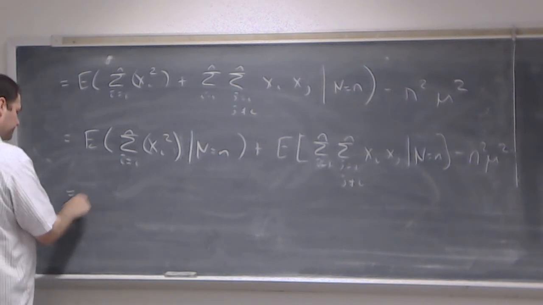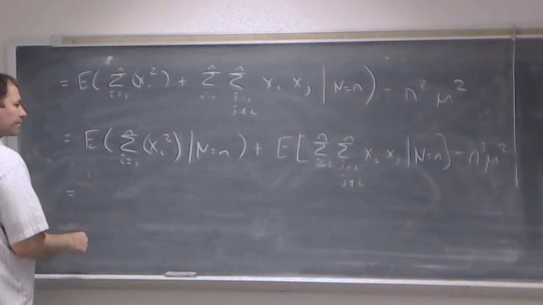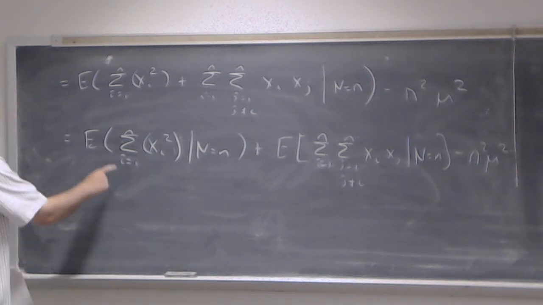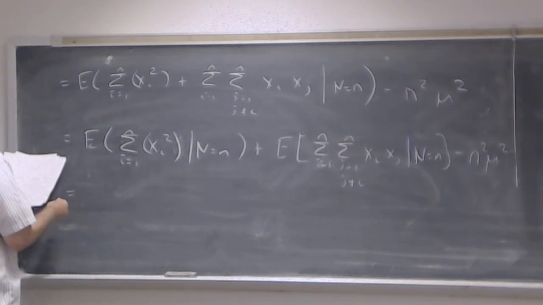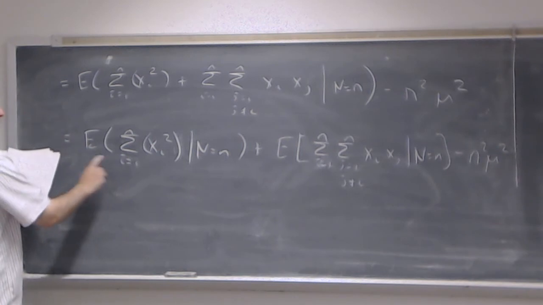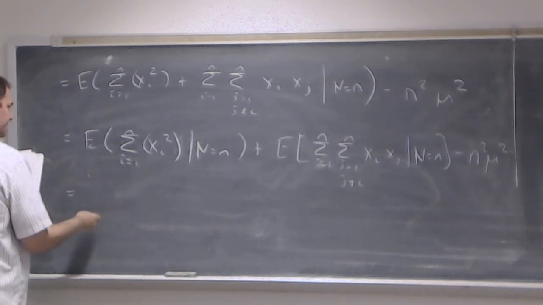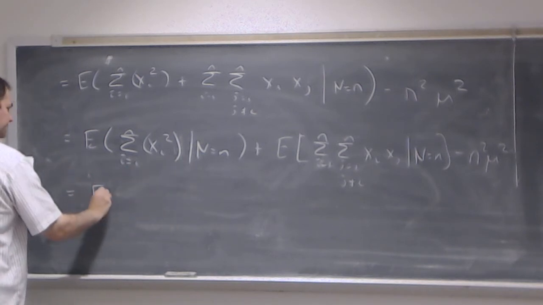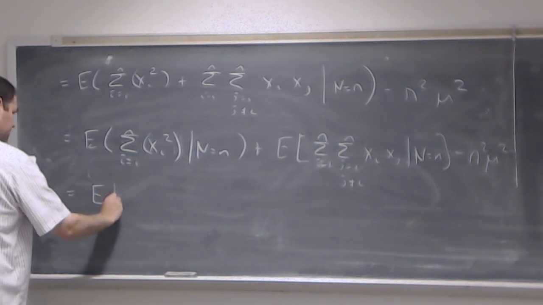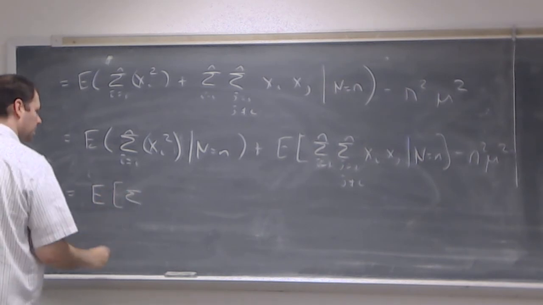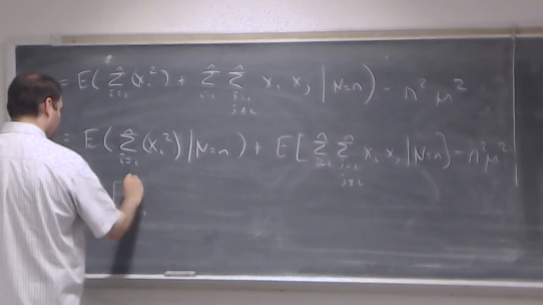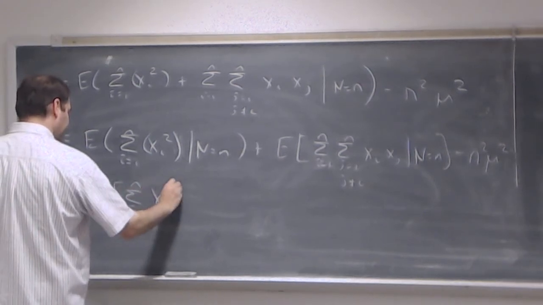That's equal to, okay, so here we'll leave this as is. Well, I'm sorry, we won't leave this as is. We'll work here using independence. So what we'll get is the expected value of the sum as i runs from 1 to n of X_i squared.